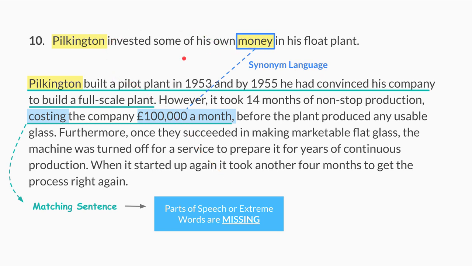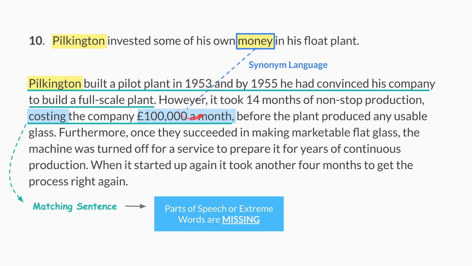We know for a fact that he convinced his company, and we know also for a fact that his company paid £100,000 per month. So we know that his company definitely invested money into the float plant. But it's also possible that Pilkington also invested some of his own money.